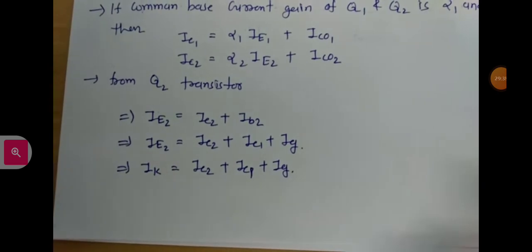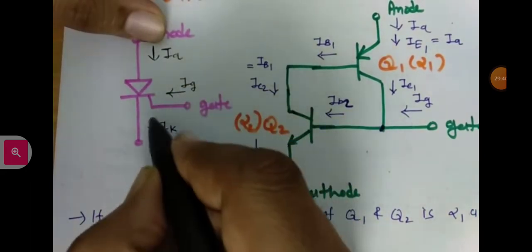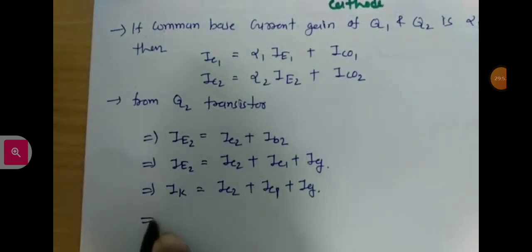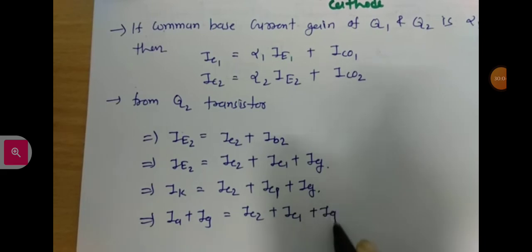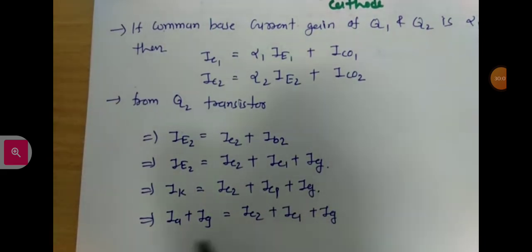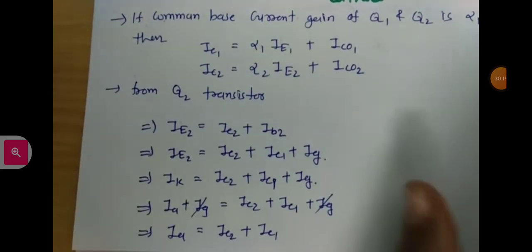Now we can clearly see from this SCR that IK is IA plus IG. So I place this value: IA plus IG equals IC2 plus IC1 plus IG. Here IG will get cancelled, and I have IA equals IC2 plus IC1.